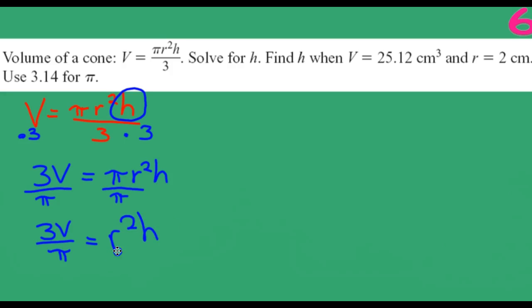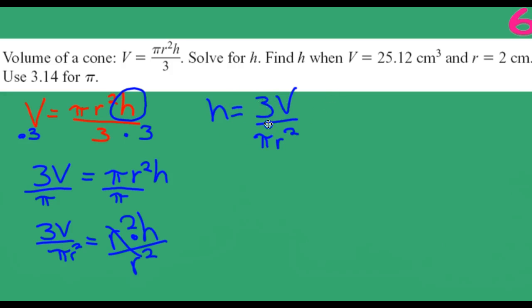Now we also have multiplication here, so we got to divide that. Sorry about that. We're going to divide r squared from here. So what I'm left with then is h equals 3v over pi r squared.